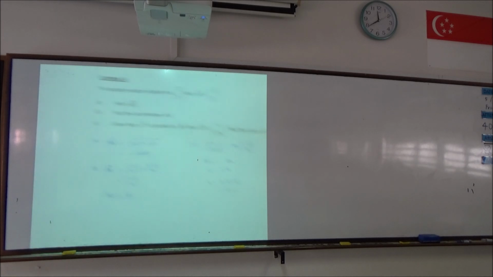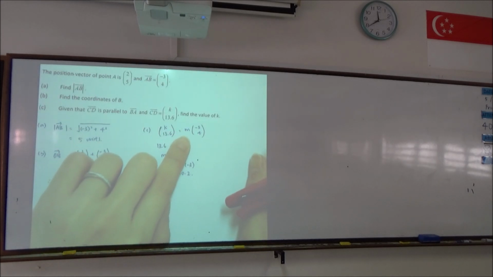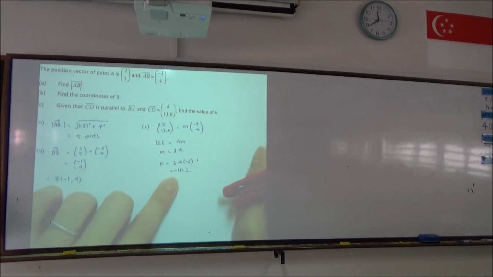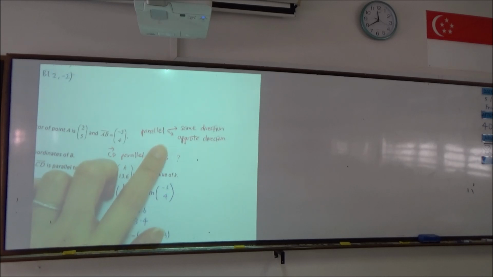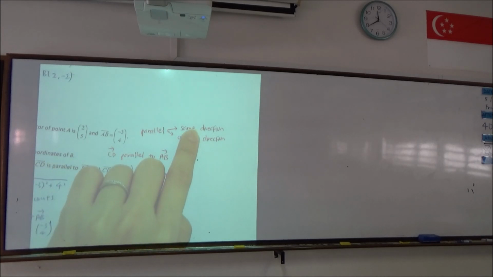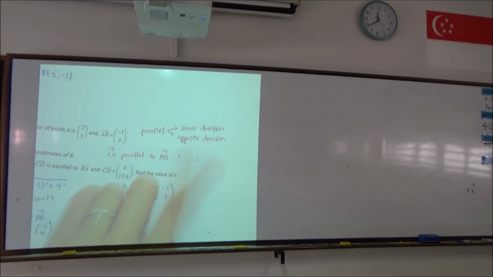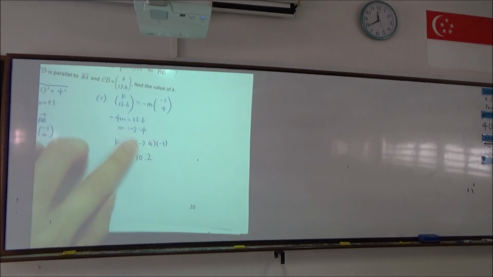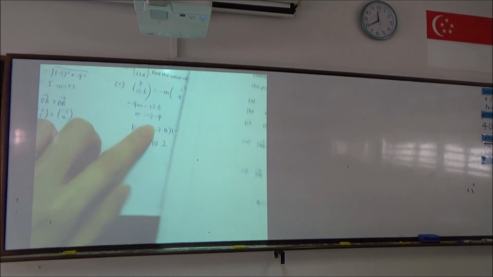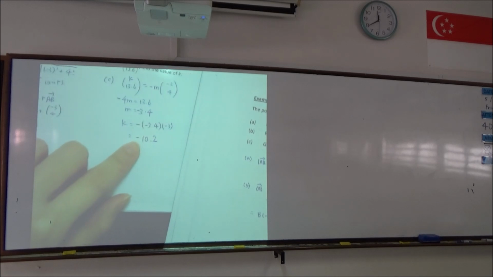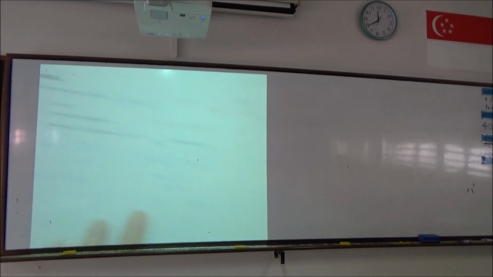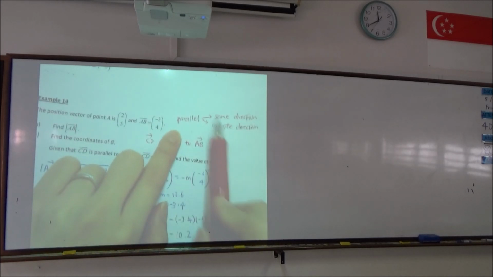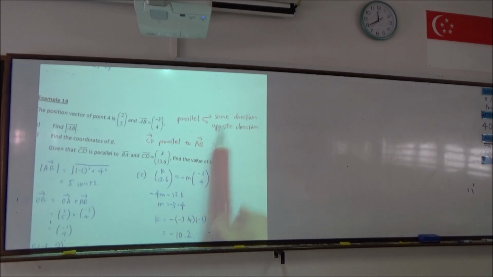But even if I don't, I will still get k equals negative 10.2, because parallel vectors are either the same direction or opposite direction. So our k values will still remain the same. You understand what I'm saying? It doesn't really matter whether you change the direction or not.